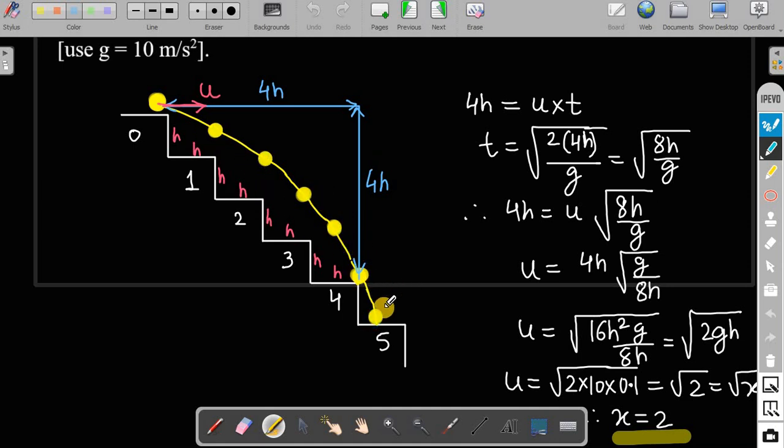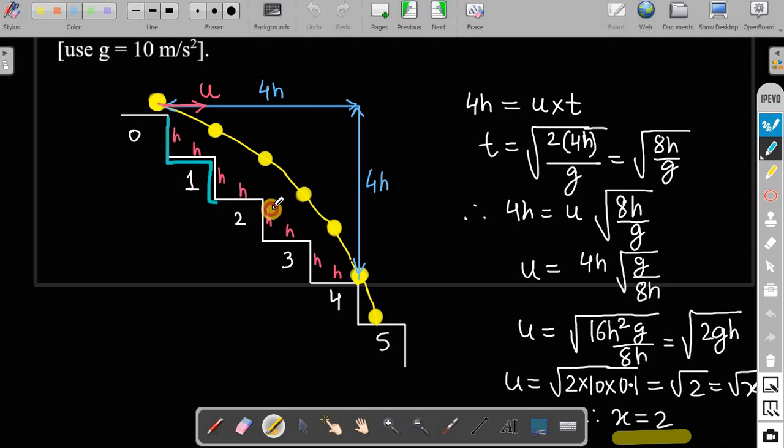If it's the maximum velocity to just hit 5, then it should pass through the corner of 5. Understood? There will be a difference in that case. But minimum velocity to hit 5 means it should touch the corner of the 4th, the previous one. Each height is, let's say, h, they have given the value of h. They may have different values also, but here it is the same value.